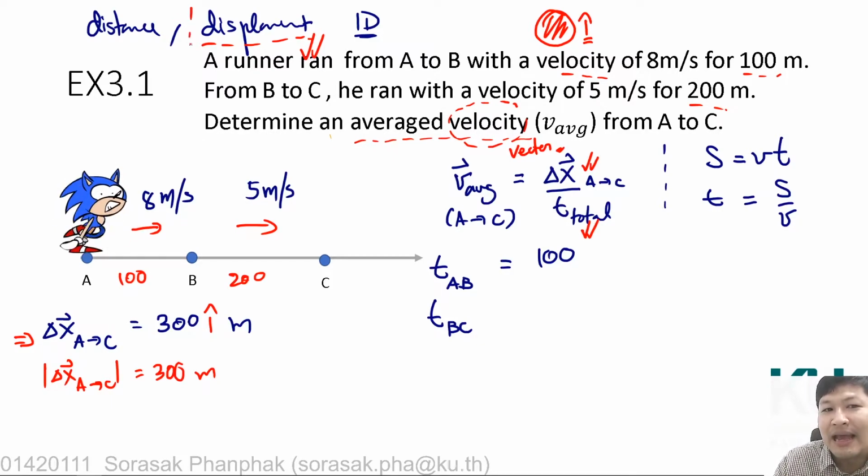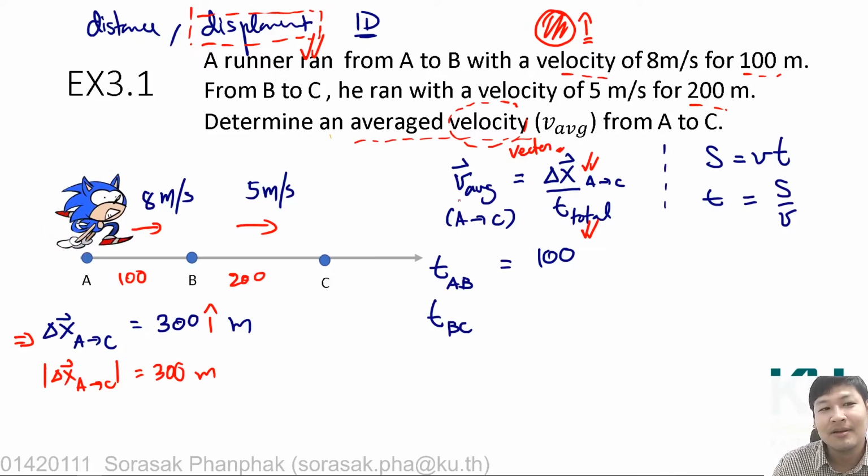I'll use displacement to avoid ambiguity; it's going to be more precise than using distance.